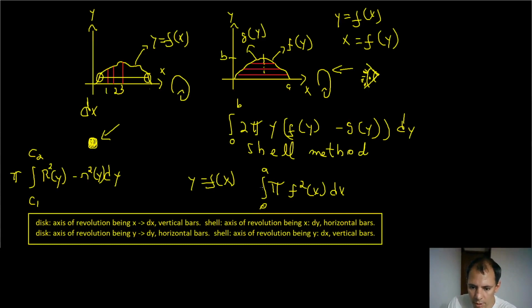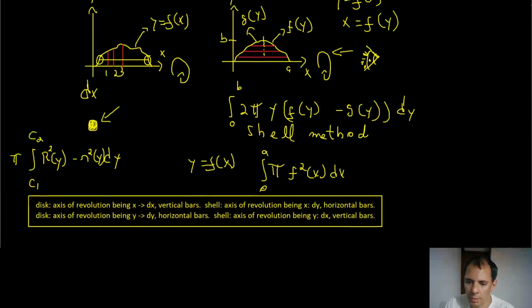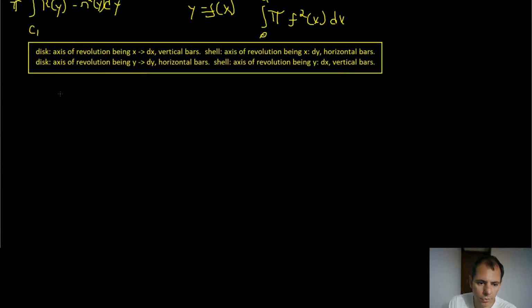The general formula for the disk method is pi integral of r squared of x dx, if it's going to be around the x-axis.